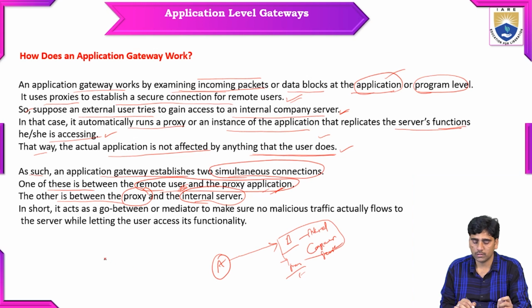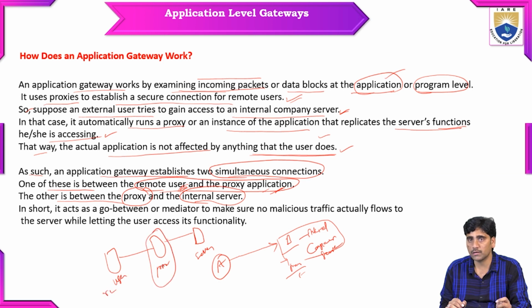So now this is the user, this is the proxy application, and then the internal server. In between the internal server and the remote user, the proxy application acts as the application level gateway.